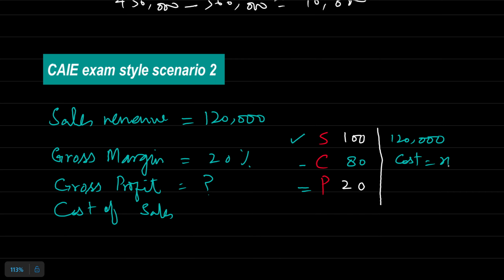So now we are required to calculate cost. Cost is equal to X, cross multiply the same, so the cost will be equal to 120,000 into 80 divided by 100. So this will be 96,000.